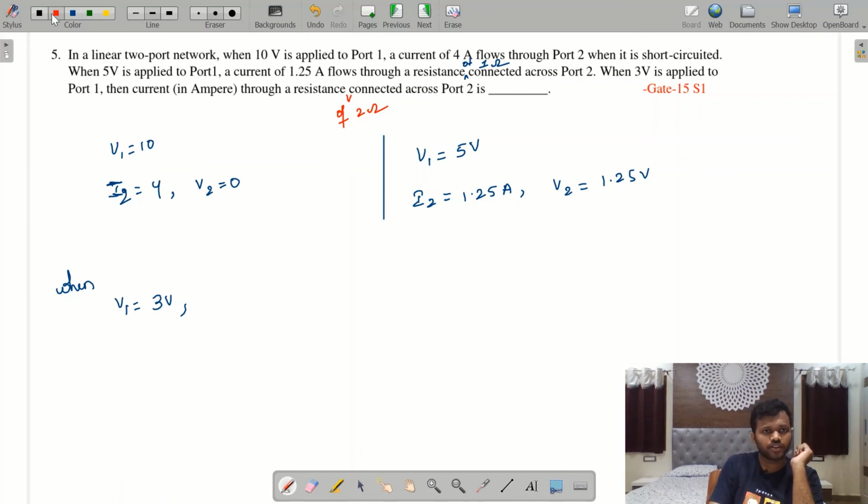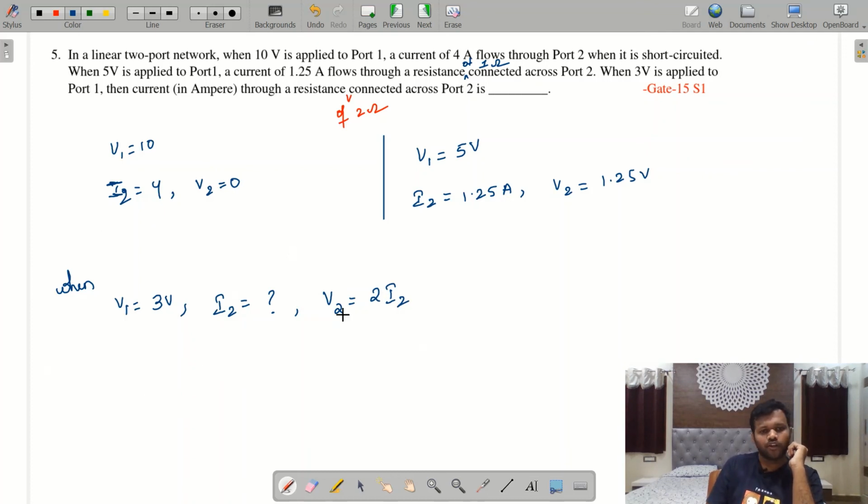The question is partly missing here. What they are asking is the value of I2, and since a 2 ohm resistance is connected, V2 equal to 2 into I2. These are the things they have given, and they are asking to find the I2 value.